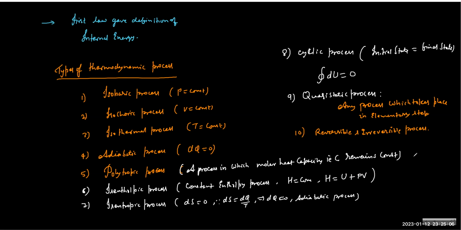Correct. So every reversible process must be quasi-static. And therefore, if you change the state, it will trace the same path as you came through. So if a process is reversible and cyclic, you will not see two paths, you will see the same path getting retraced again and again.